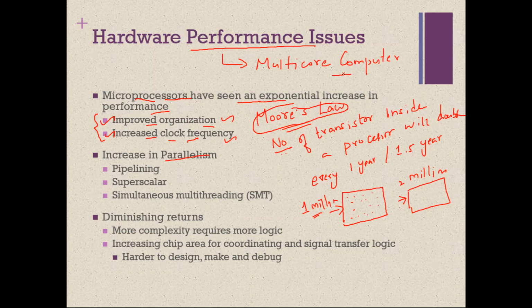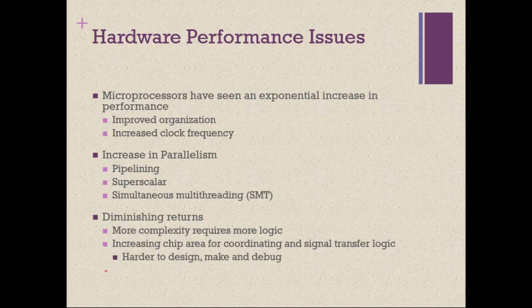All these things we are discussing are with respect to a unicore processor, or a uniprocessor. There is only a single processor, but its performance is increasing exponentially by improving the organization, keeping more transistors inside the chip, and by increasing the clock frequency. Apart from that, there is also increased parallelism.